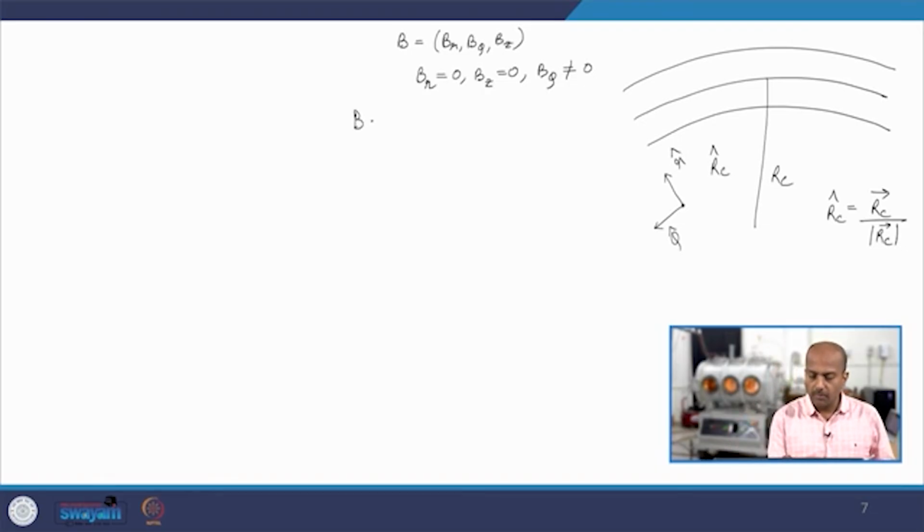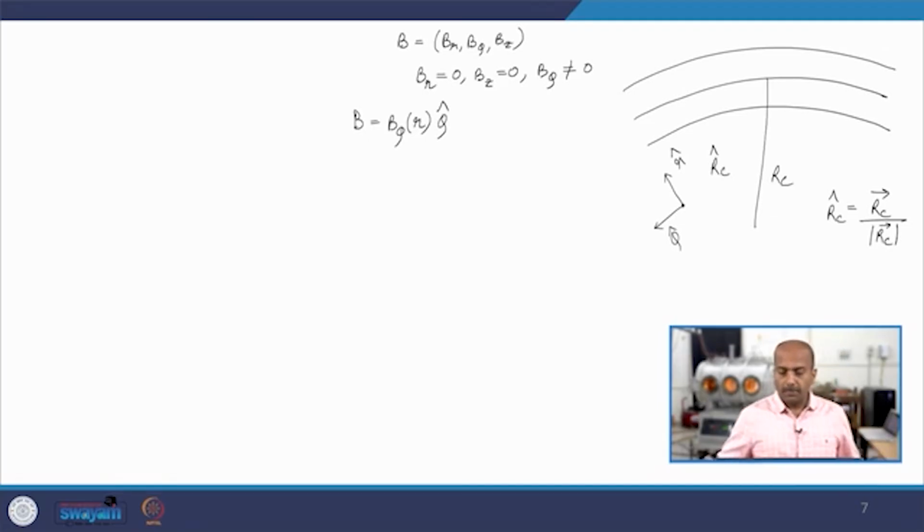So, we can write B as B phi, varying along r, directed along phi. As you move in the r direction, you will encounter fewer and fewer flux lines, but all of them are moving in the positive phi cap direction. So, this is the positive phi cap direction, right.